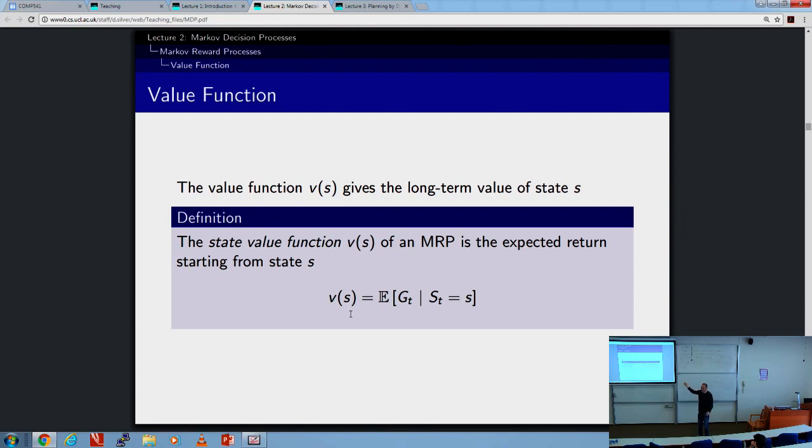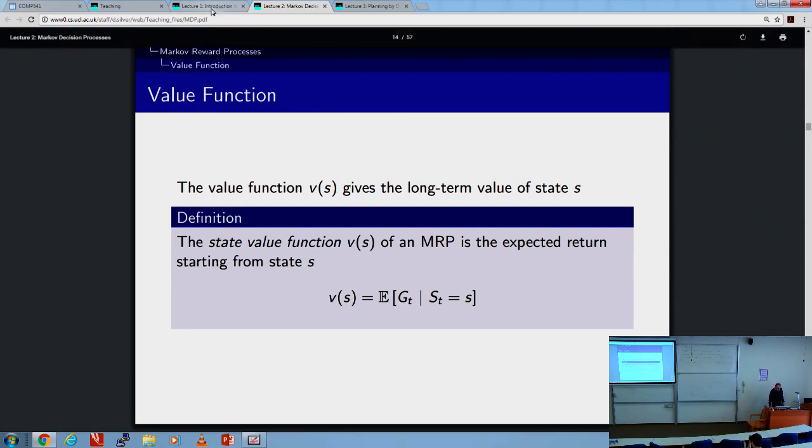So that's the interesting question we can ask about MRPs. Can we ask about the optimal policy? No, because we're not making any decisions or taking any actions. But we can define a value function, and that immediately allows us to ask questions like this.